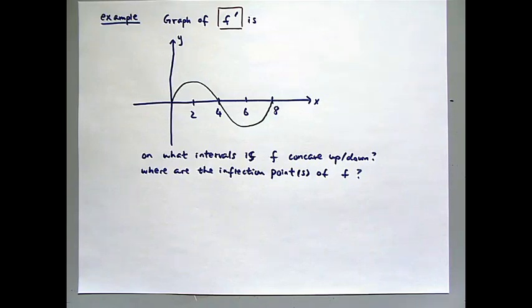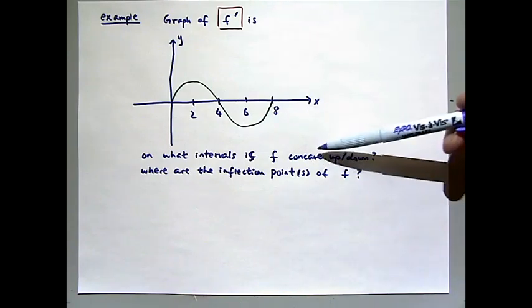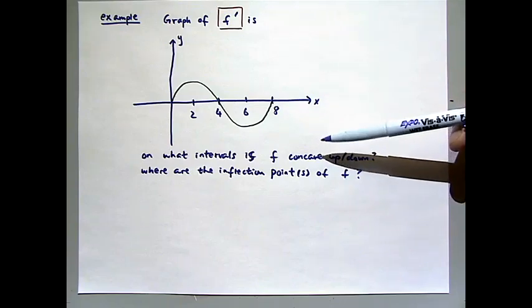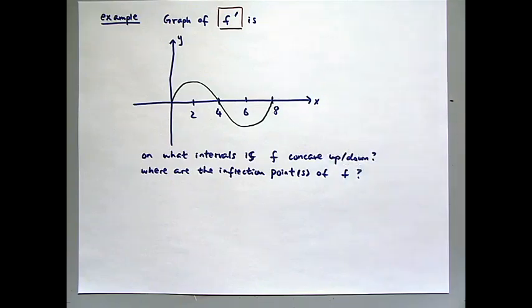Okay, look at the last page here. We found out that the function itself is concave up when f double prime is positive. That also means when f prime prime is positive. So that happens when f prime is increasing.